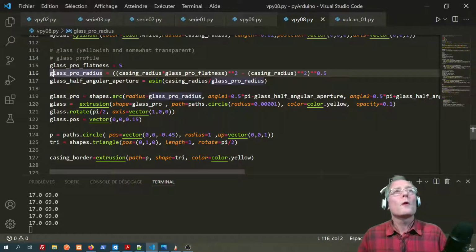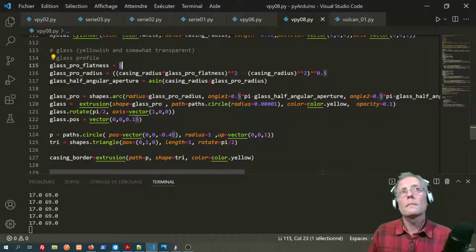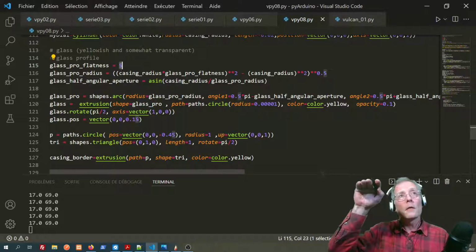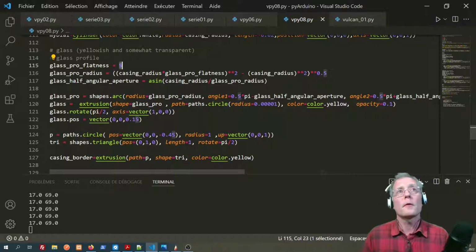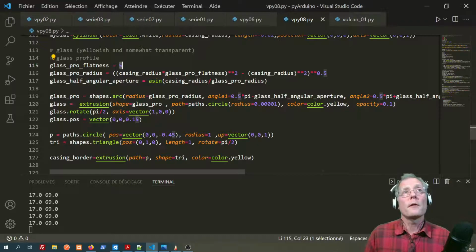What I call the flatness here is the distance between the plane of the dial and the center of my glass sphere.